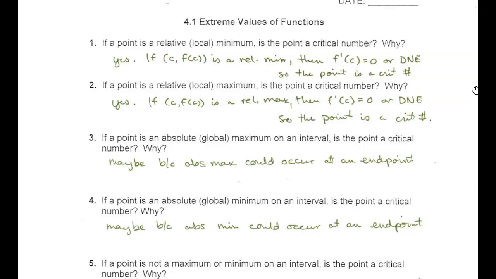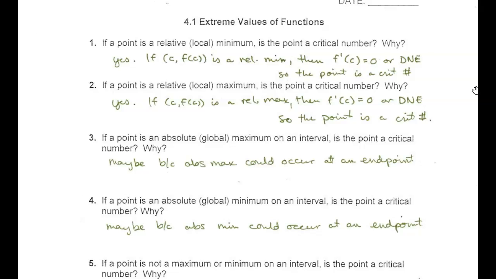So I really like this handout because the question seems simple, but the thought and process behind them is a little less simple. So we have this first statement, and the answer is yes. If a point is a relative min, is it a critical number? And the reason is that if it's a min, then its derivative must be 0 or DNE, and by definition, that point is a critical number.